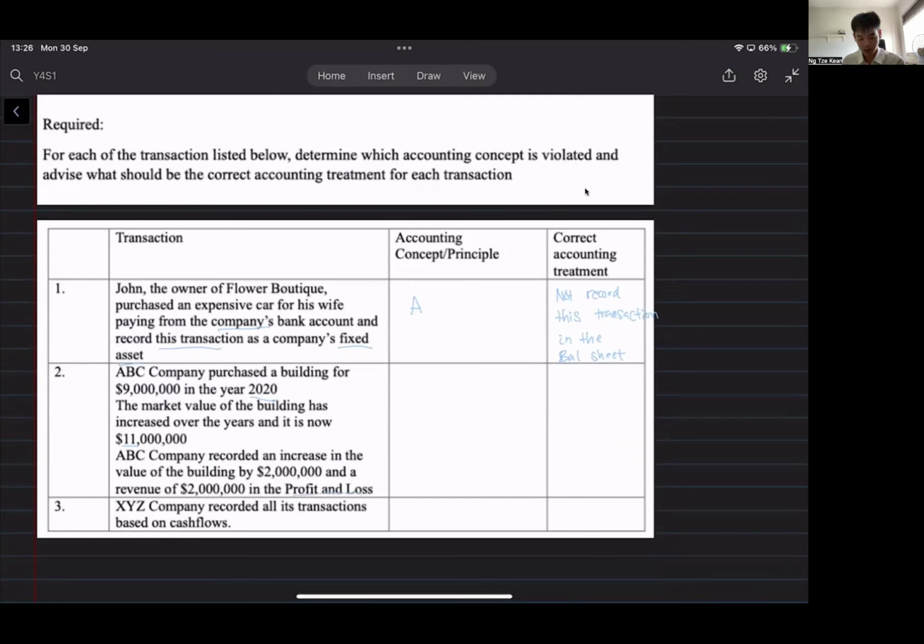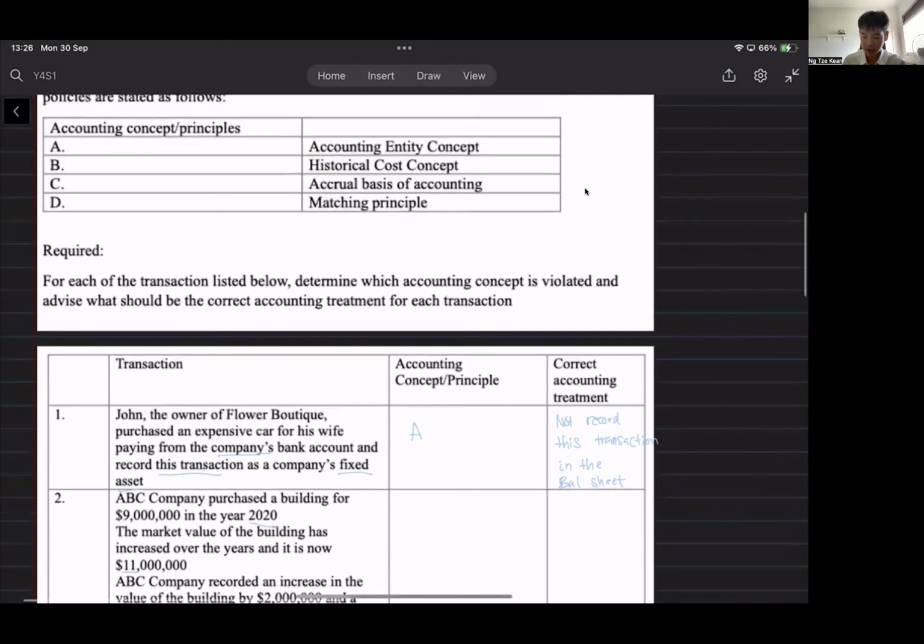So we know that this is erroneous, and the violation would be the historical cost concept. The historical cost concept tells us that your asset should be recorded at cost on purchase. And should there be an appreciation, you do not simply recycle this increase in value to your P&L.